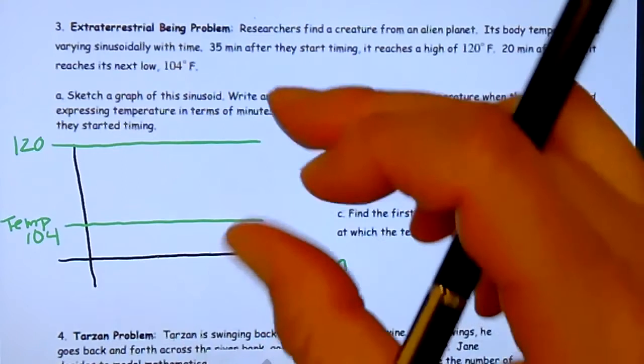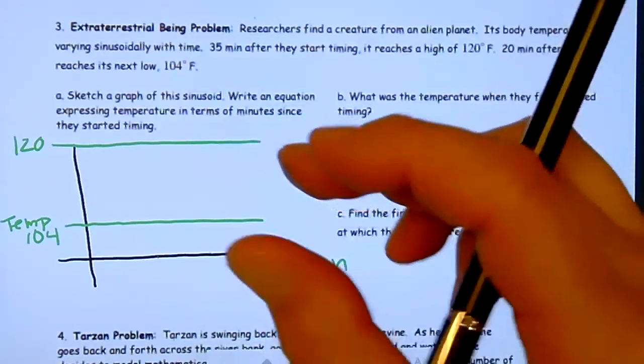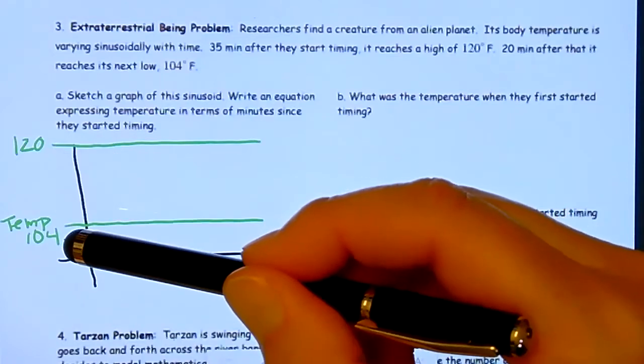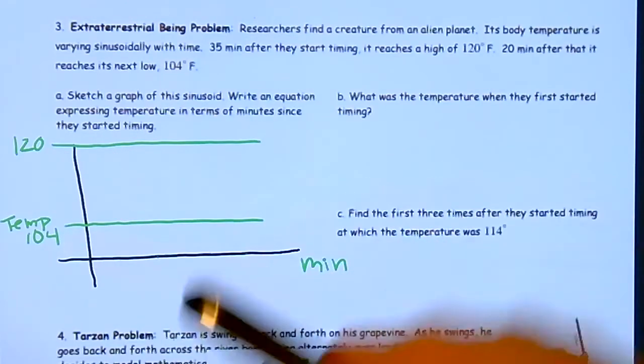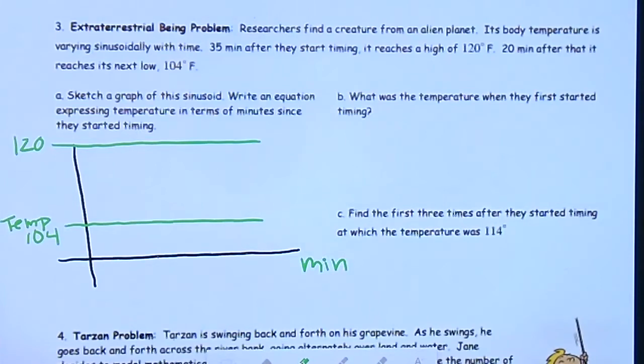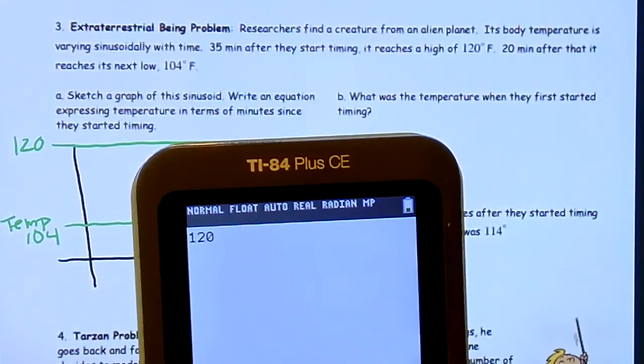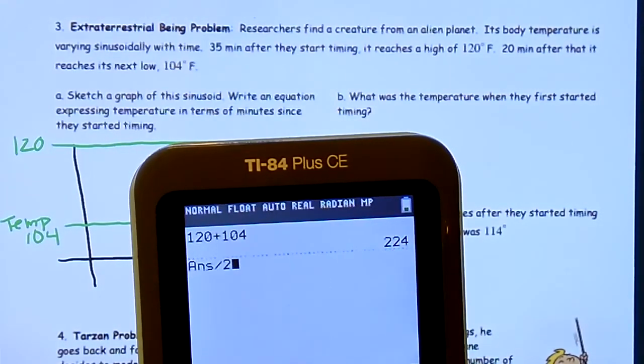And this is one where I don't know, like a diameter or a radius. So I'm going to average these together, okay? So I am going to take 120 plus 104, and then I'm going to divide it by 2, and I'm going to get 112.